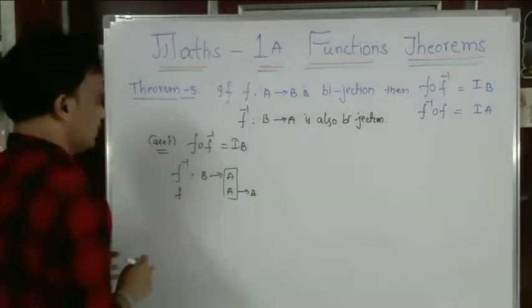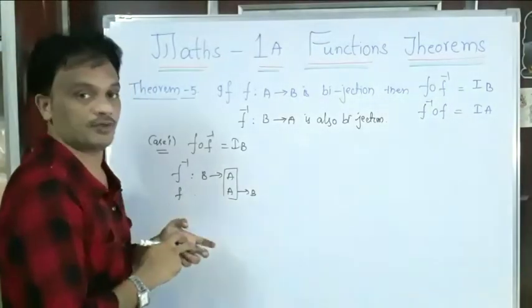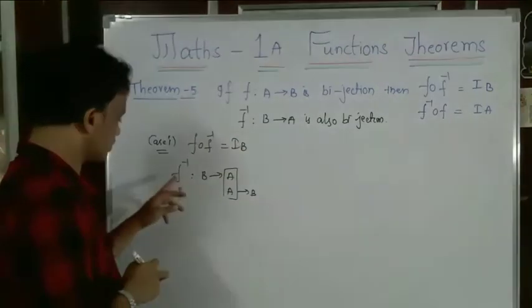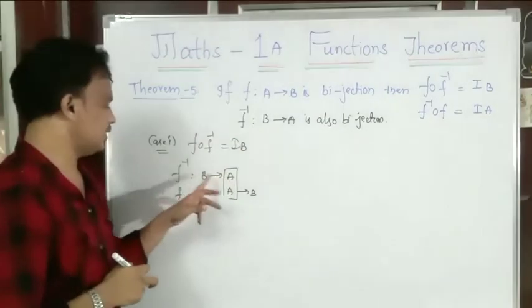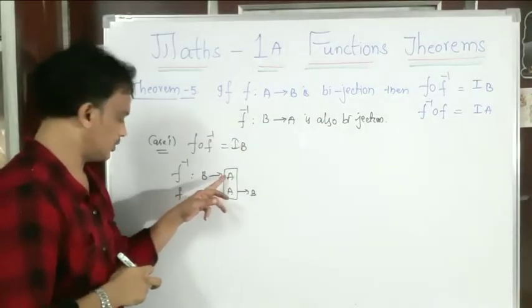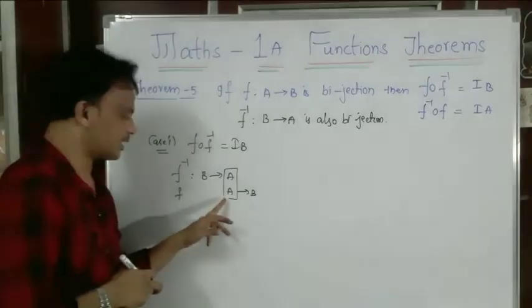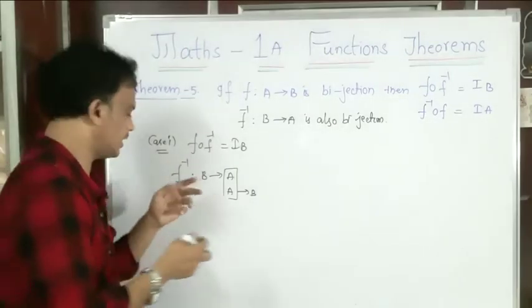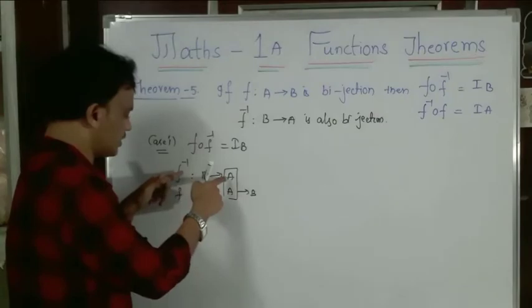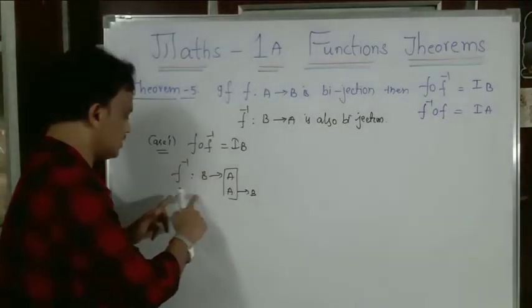The composite function will exist when the codomain of the first function equals the domain of the second function. We can say it like this also: the range of the first function equals the domain of the second function.